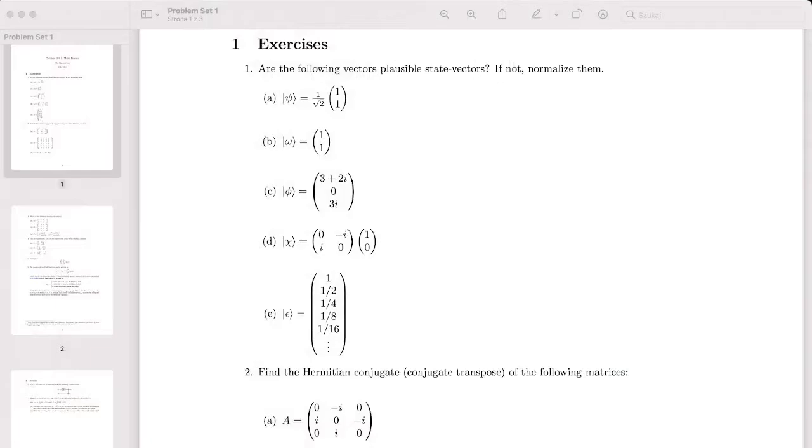The next one is a bit tricky because we have an infinite vector whose coefficients form a geometric sequence.